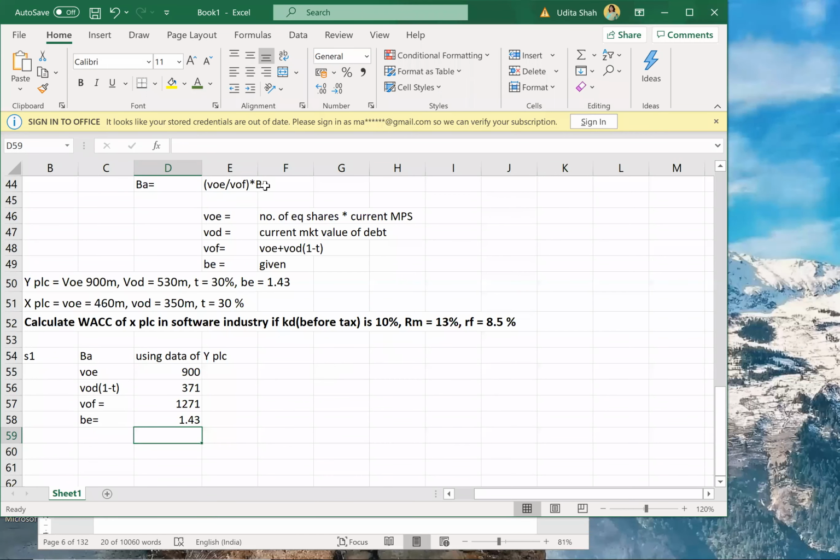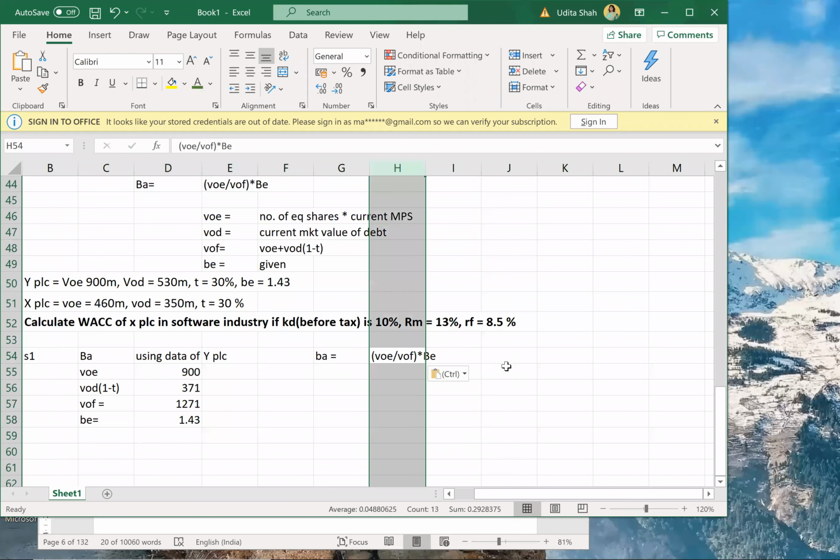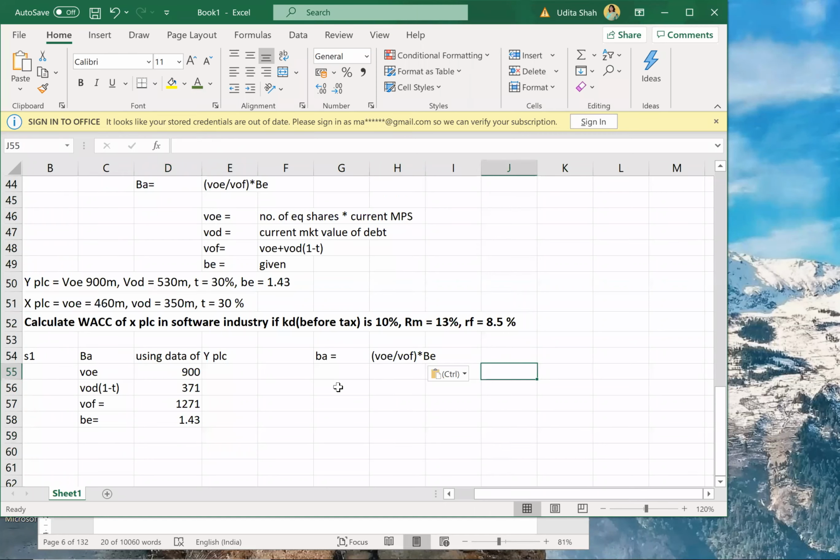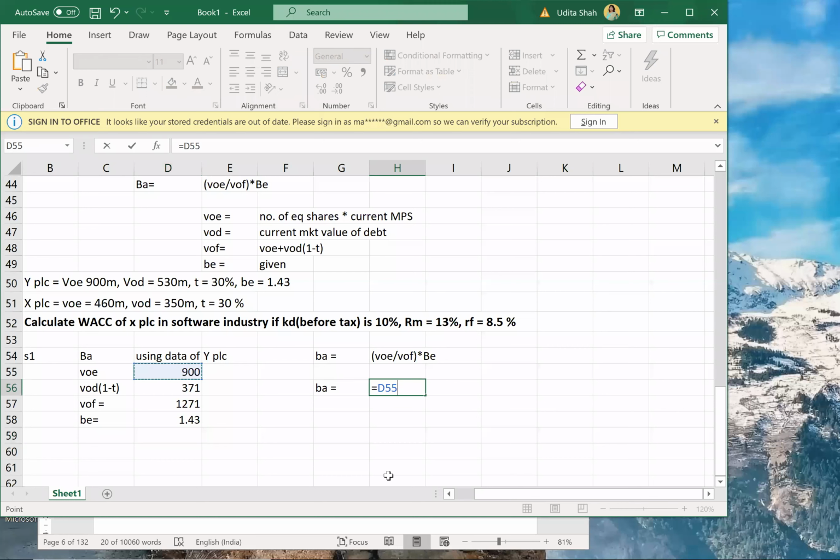So step one, beta of asset. Put this formula. Beta of asset is equal to value of equity divided by value of firm into beta of equity. What is my value of equity? 900, divided by value of firm, 1271.